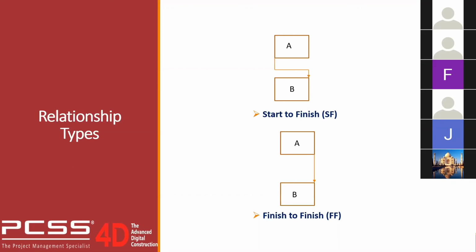For finish to finish relationship, it doesn't mean that both activities finish at the same time. It means that when activity A finishes, activity B can also finish. Okay, proceed. Thank you very much. No problem.